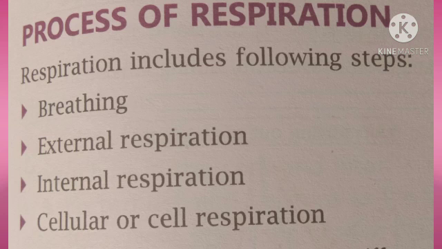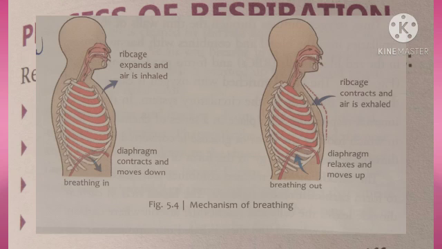The major steps in aerobic respiration are breathing, taking in oxygen and giving out carbon dioxide, a totally physical mechanical process involving muscles and bones of the rib cage, thoracic cavity.